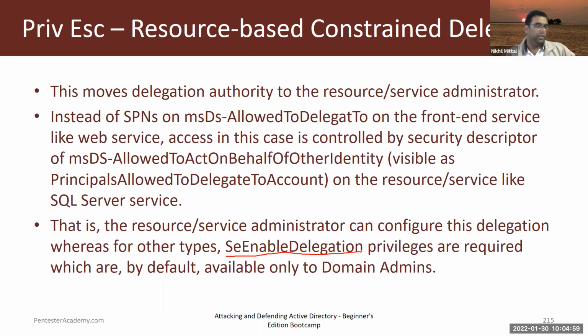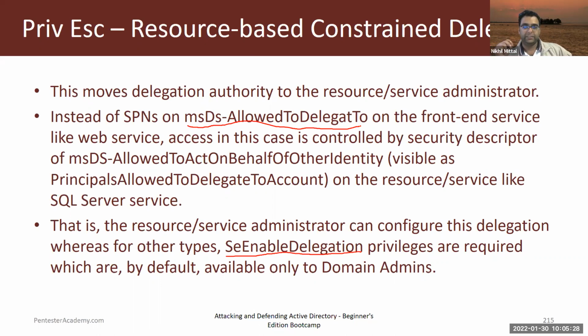If you recall, in case of constrained delegation, there was an entry of service principal names in msDS-AllowedToDelegateTo in the front-end service, let's say on the web server. That would have an entry of SPNs that would control that this front-end service can delegate only to these particular SPNs.